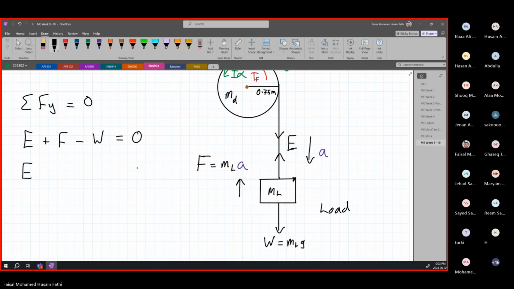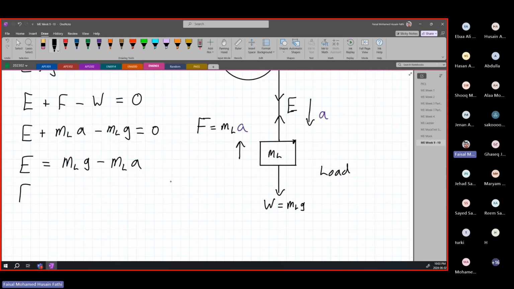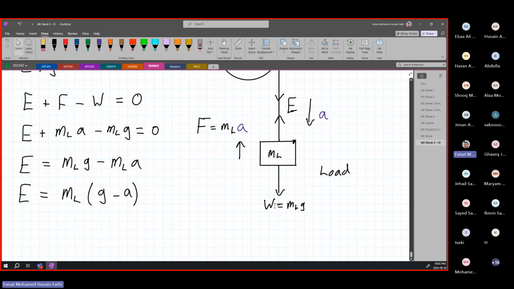So E plus M_L A minus M_L G is equal to 0. So E is equal to M_L G minus M_L A, because if we take this to the other side, it becomes negative, and if we take this to the other side, it becomes positive. In other words, our E now is equal to M_L times G minus A. Okay, this is the very first thing.